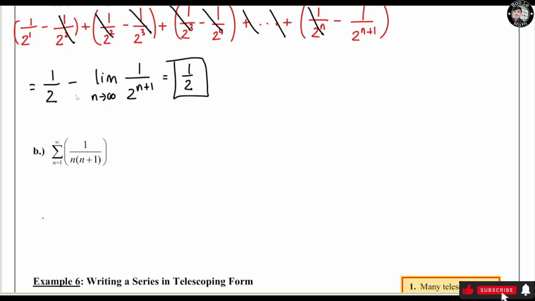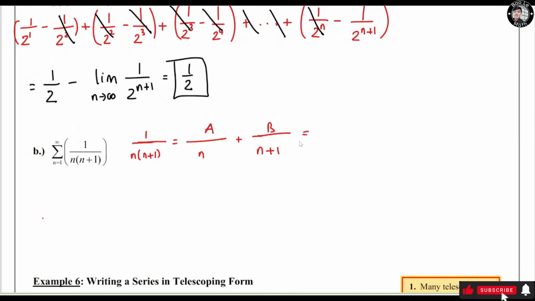Now let's take a look at question B. In order to do question B, we need to do partial fraction decomposition. We learned that in unit 6, right? So I have 1 over n times n plus 1 equals a over n plus b over n plus 1, right?